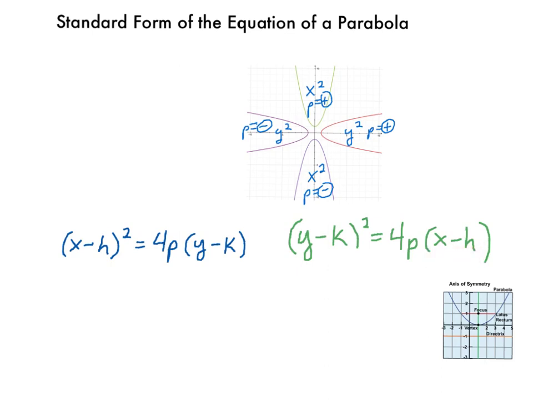The h always goes with the x and the k always goes with the y. And you have to multiply that by the latus rectum, which we said was 4p. If you have an x squared parabola, then clearly your x value has to be the squared one. Again, the h goes with the x and the k goes with the y. You multiply that value by the latus rectum, 4p.